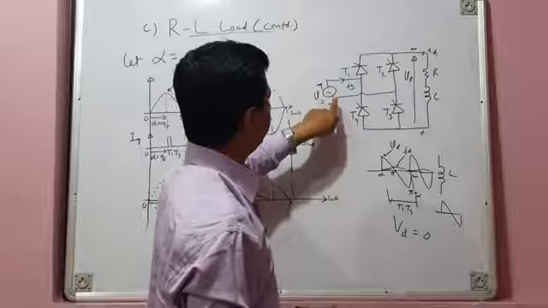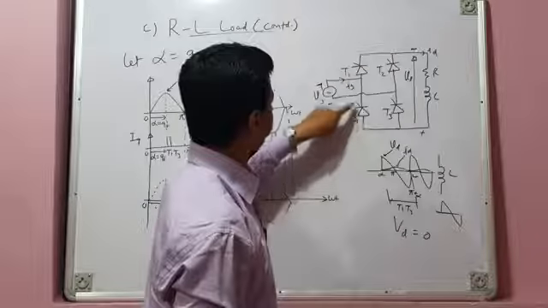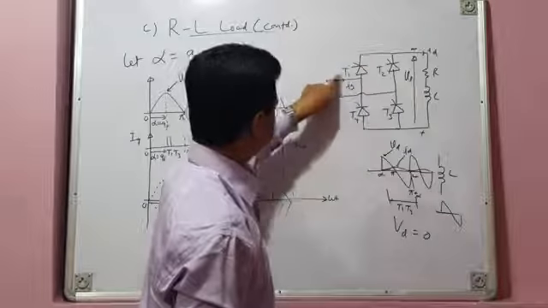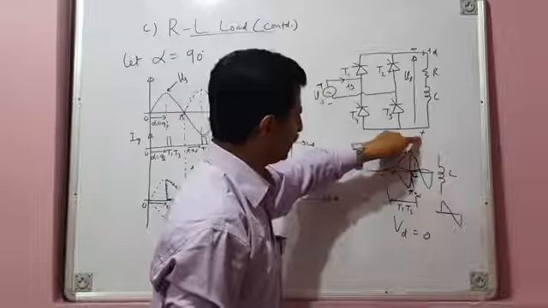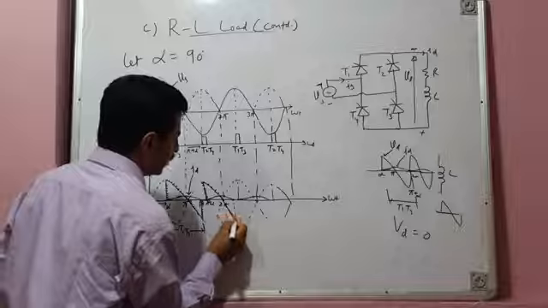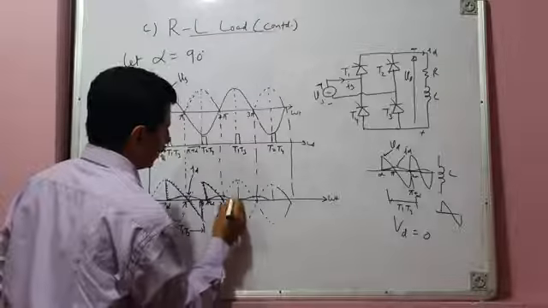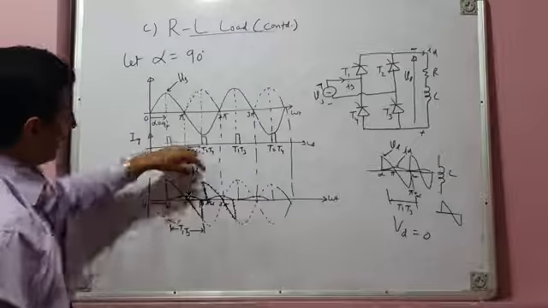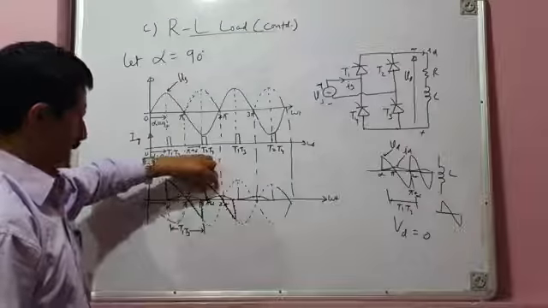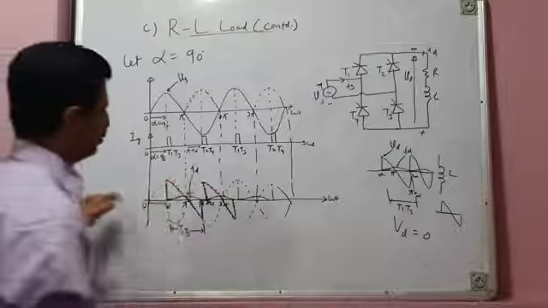So when T2 is conducting, it connects this negative here, and when T4 is conducting, it brings this positive here. So that means a negative segment of source voltage will appear across the load. You can see this is the negative segment of source voltage, and you can again see here positive voltage is slightly more than negative voltage, so that average voltage is positive.